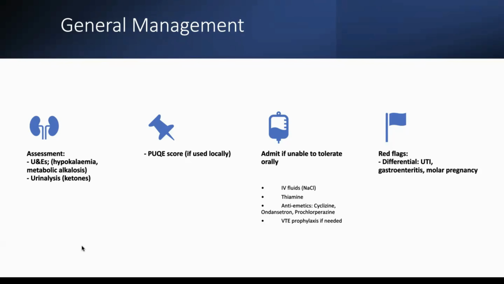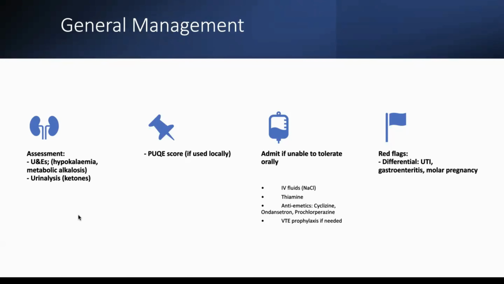We do assessments, doing bloods, U&Es to make sure that there is no electrolyte imbalance, and urine analysis to check ketones in urine. Now we might have changed from assessing urine for ketones, and now we follow what is called a PUQE score.